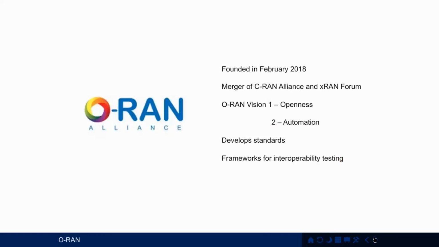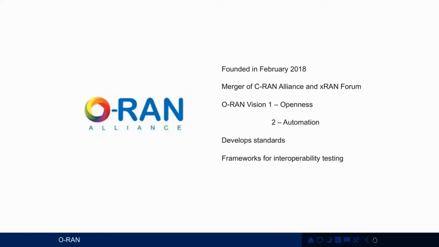Now, as well as TIP, a big organization that's developing standards for ORAN is the ORAN Alliance. They were formed back in February of 2018 as a merger between the C-RAN Alliance and the XRAN Forum. And when you look on their website, they quote 2 visions.